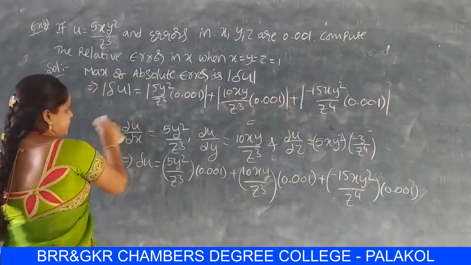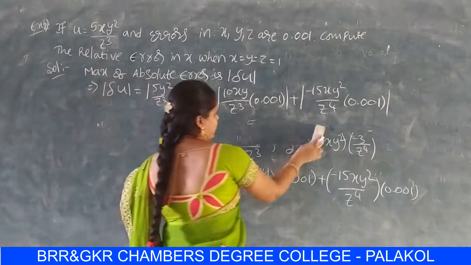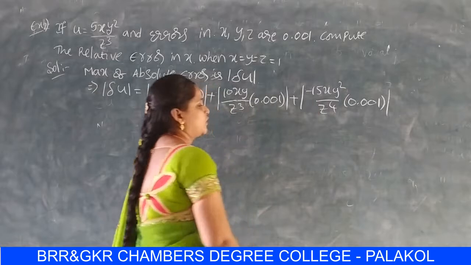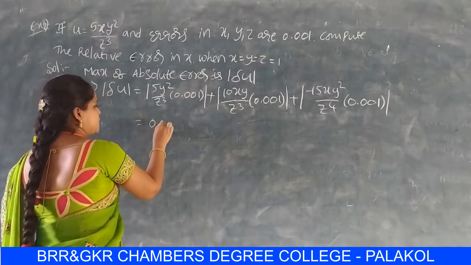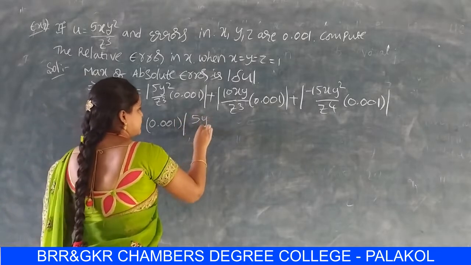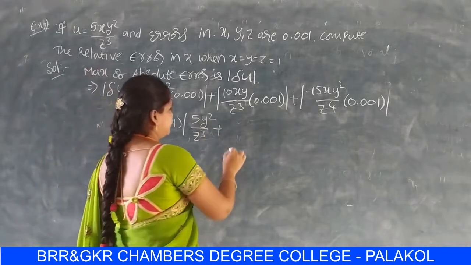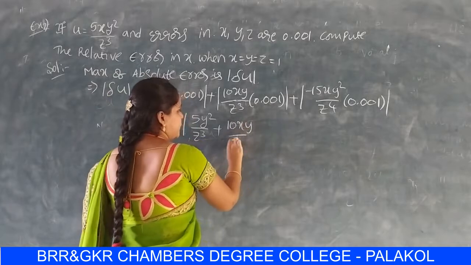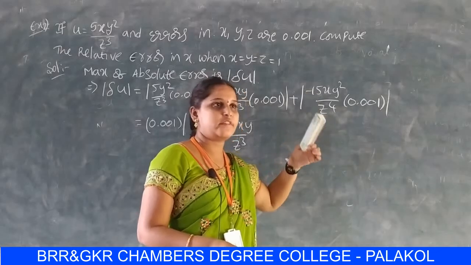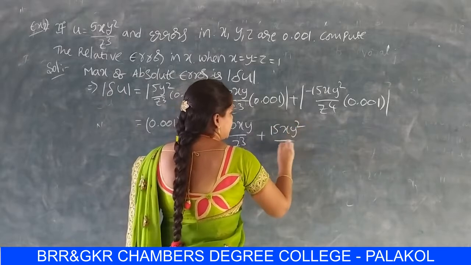So the next value, 0.001, is common to the entire term. Now 5y square by z cube plus 10xy by z cube. The modulus of a negative value is always positive. Now 15xy square by z to the power of 4.